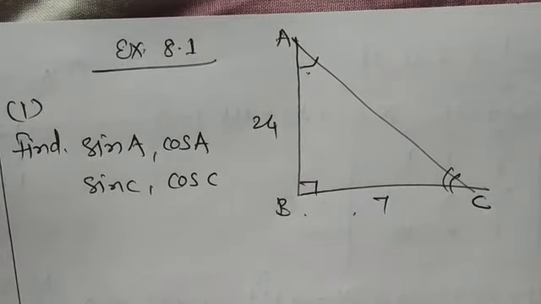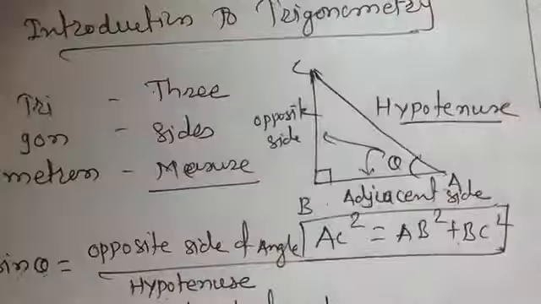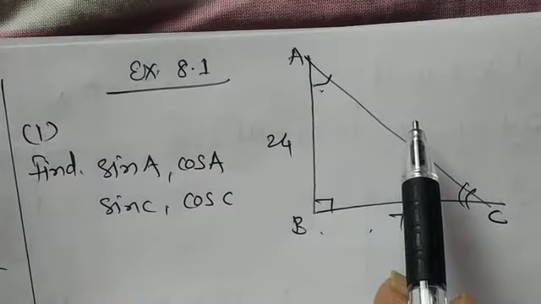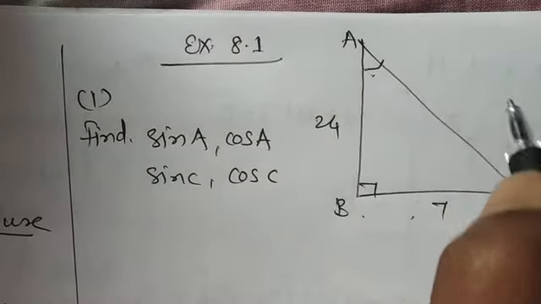For every formula, sin and cos, we need the hypotenuse. Sin is opposite upon hypotenuse, cos is adjacent upon hypotenuse. But here, the hypotenuse is missing. So first, we find the hypotenuse, that is, find AC.